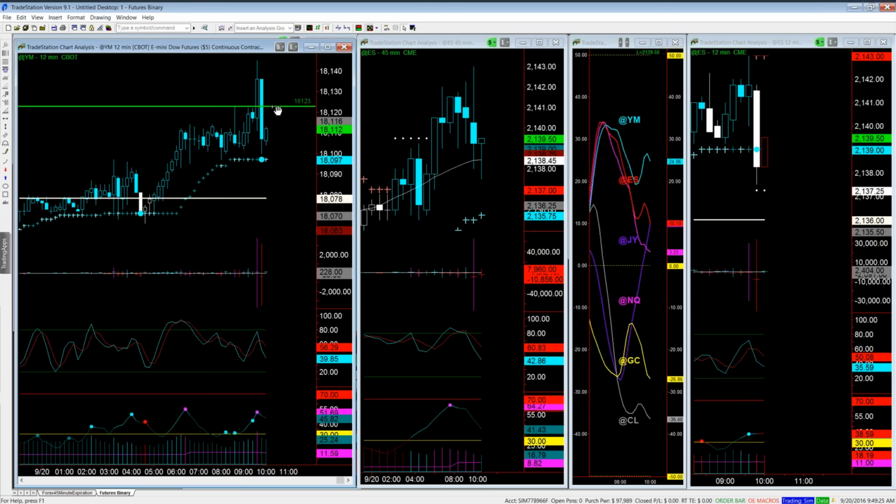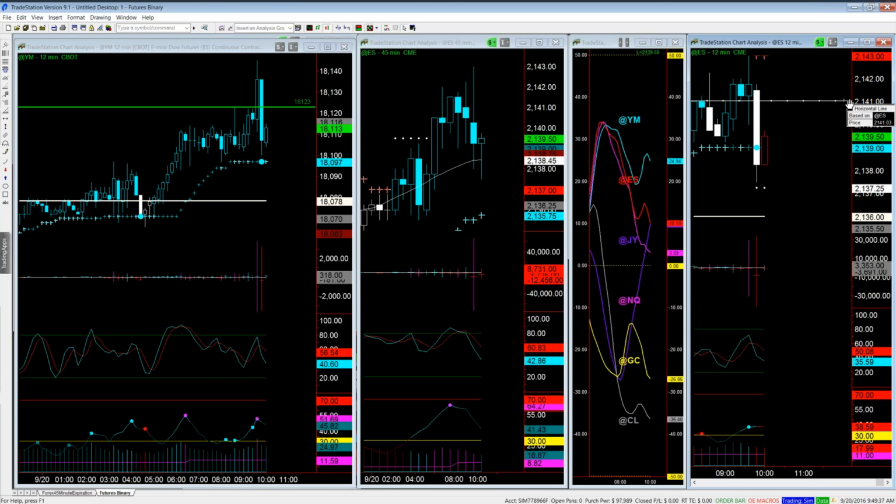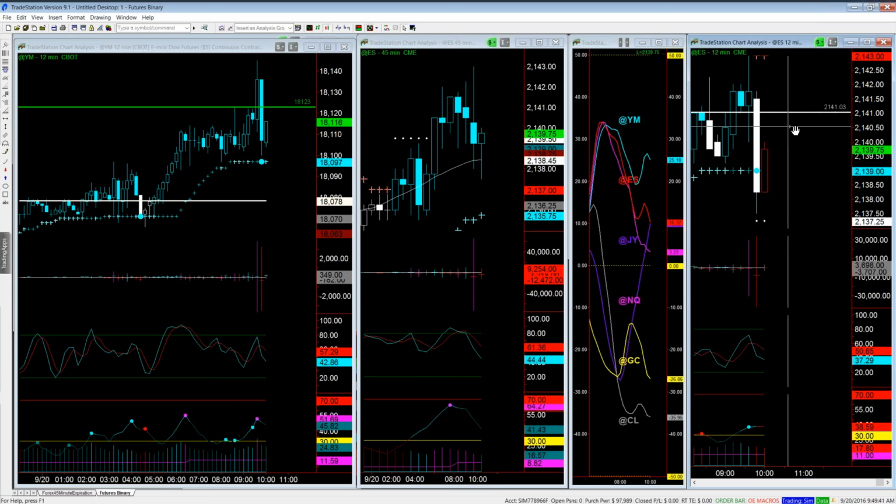On the ES, I think it's 2 points. I don't know the ES off the top of my head. Okay, but 2139, if it's every 2 points, it's going to be up here at 2141. So if it gets up here to 2141, if you were risking $30, that just made 20 bucks.